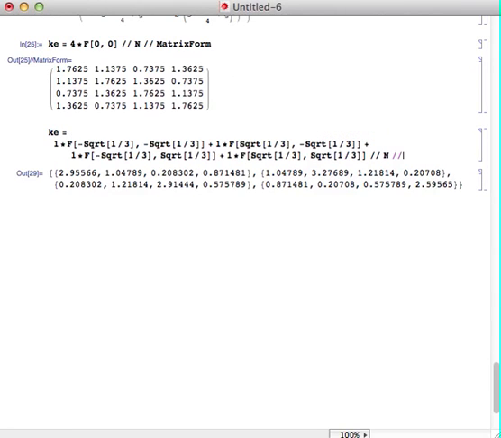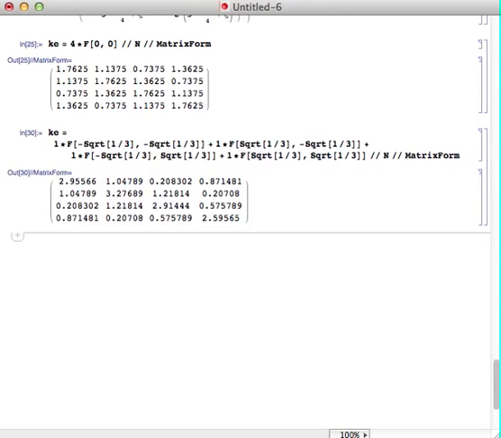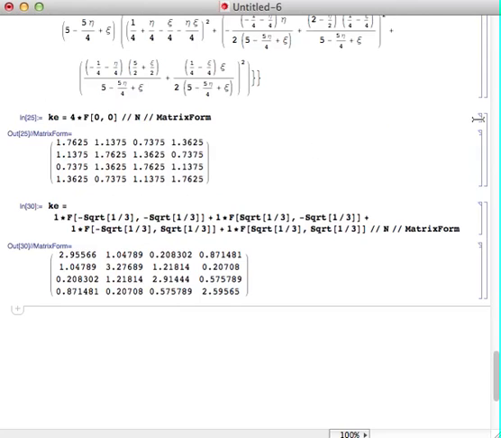Okay. I don't know what I did before, but okay. All right, so there's our Gauss integration stiffness matrix. So let's go back and compare it to the exact solution.